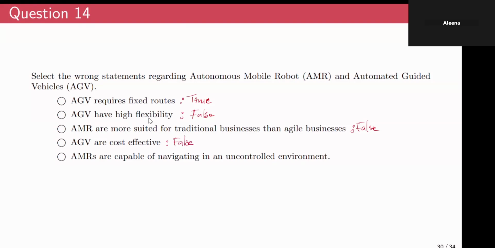AGVs are also not cost effective when you consider the flexibility into account. And the final option is AMRs are capable of navigating in an uncontrolled environment. That is actually true. So the wrong statements are options 2, 3, and 4. So that should be the answer for this question. All the remaining questions, I feel, are going to be repetitive, and it essentially covers what we have solved so far.